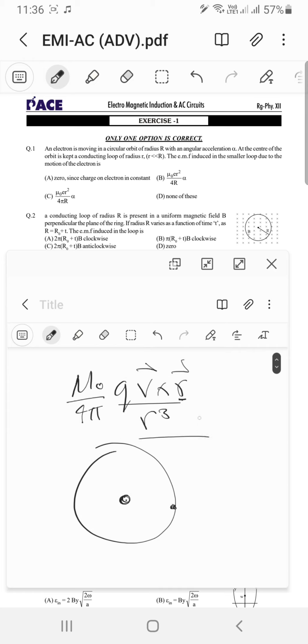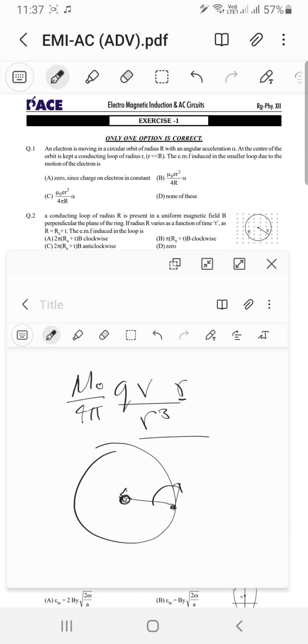Well, it's going to be this thing. The r vector is this vector, and the v vector is like that. We know that v and r are perpendicular. So v vector cross r vector goes in this direction, and by the right hand rule the magnetic field is coming out of the plane.